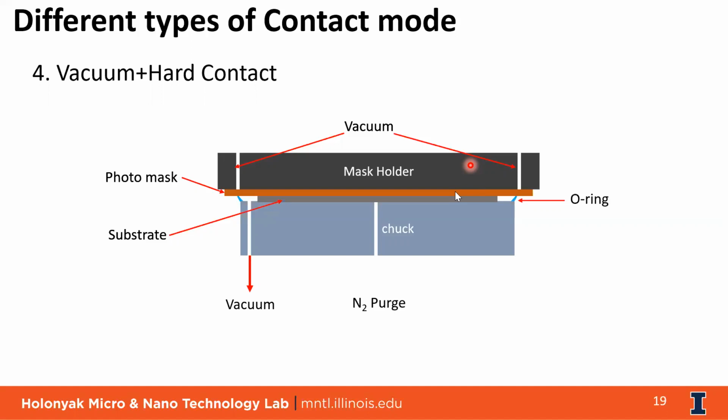So that's why it's always recommended to do the bake between 90 to 110 degrees Celsius, and the time should be 60 seconds to a maximum of 90 seconds if you're using any photoresist between 1 to 2 micron. But if you're using any photoresist more than 2 micron, for example AZ 4562 or 9000 series, where your thickness will be more than 3 to 4 micron, in that case you can probably increase it to 2 or 3 minutes.